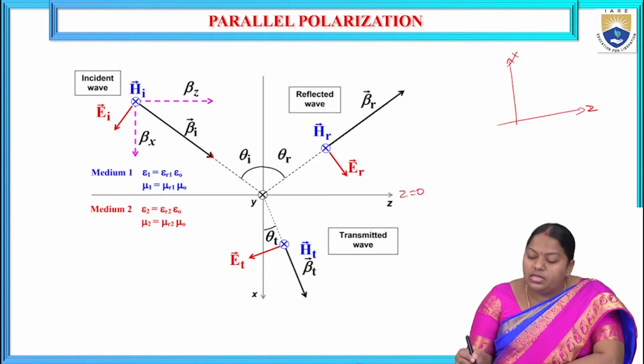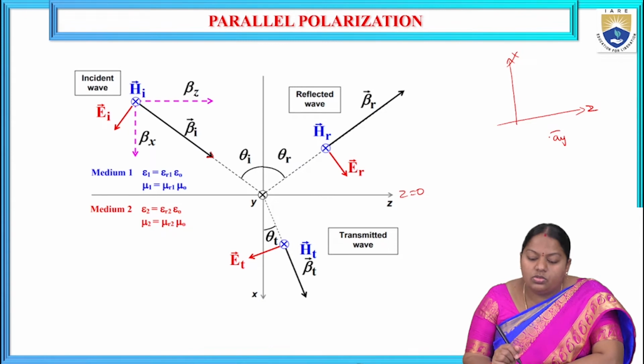So if you are considering the XZ plane, the direction in which the wave propagates is the Y direction. In this case also we are going to consider three propagation vectors for incident, reflected and transmitted waves. Based upon that, we are going to derive the reflection as well as transmission coefficients.